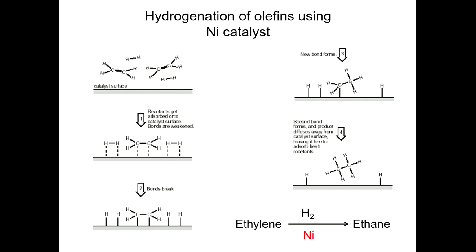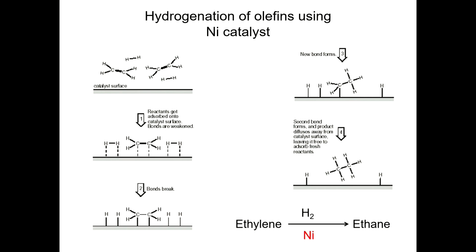Why? Because at first, for example, these two molecules are here, right? This is the nickel surface. We know nickel has empty d orbitals, right? These empty d orbitals can accept electrons from hydrogen and the carbon.